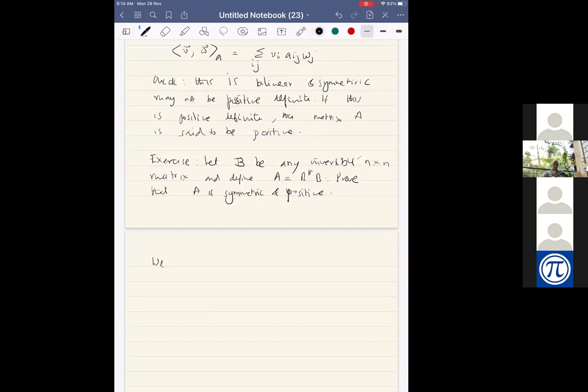So we have seen or talked about, suppose V is a real inner product space.